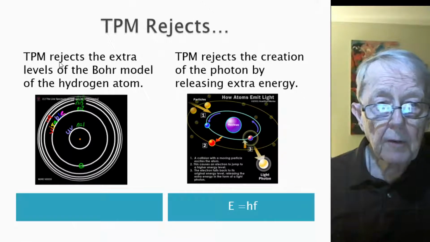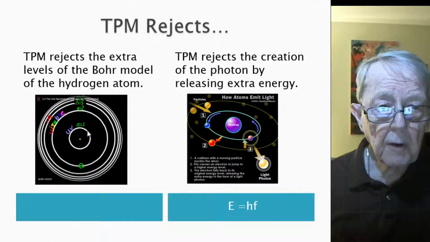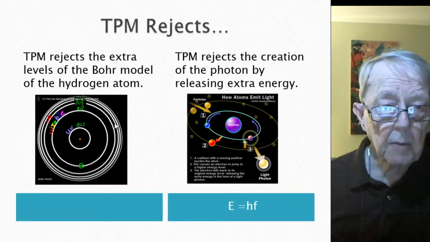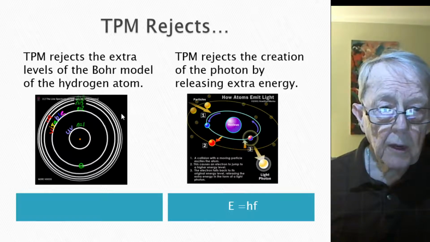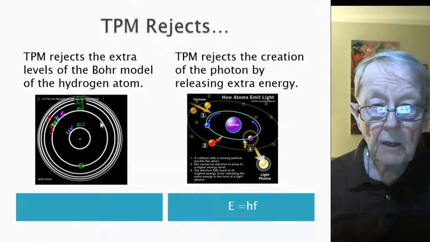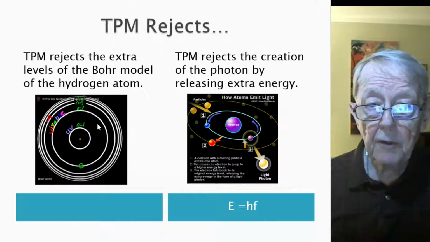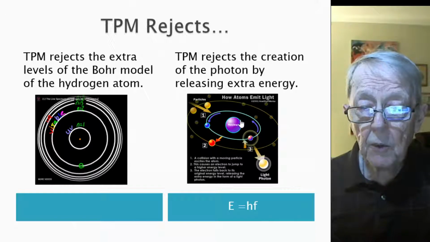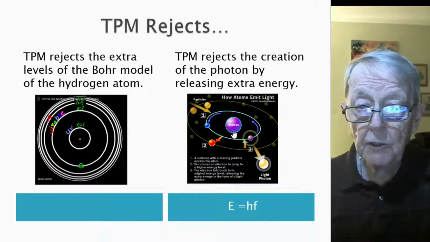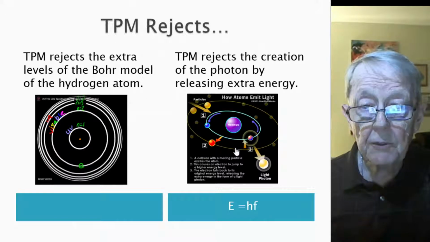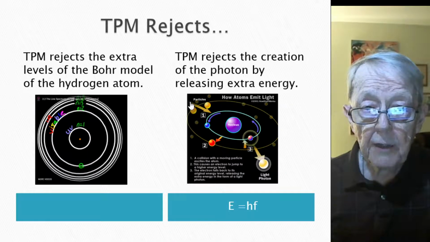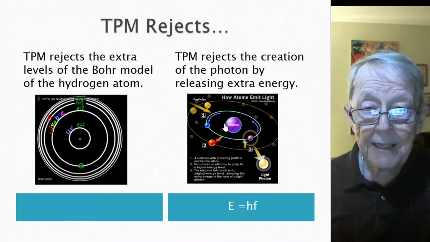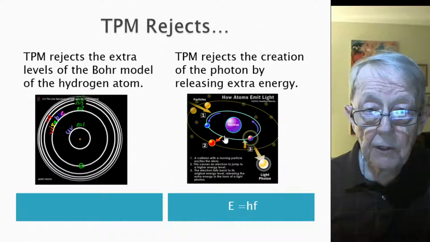Well, our TPM rejects the extra levels of the Bohr model. You know, yeah, it's got this one, but this is not the way the particle model explains light. This is the way it's been explained, and I've used this diagram any number of times, where they say that a particle comes in, excites this hydrogen atom, it moves up to a higher level.